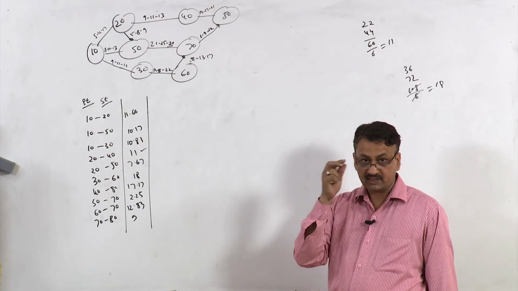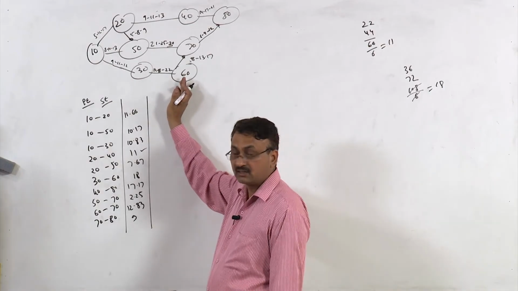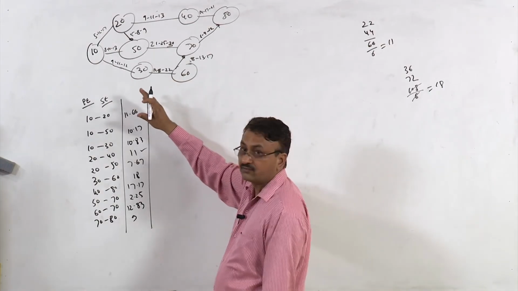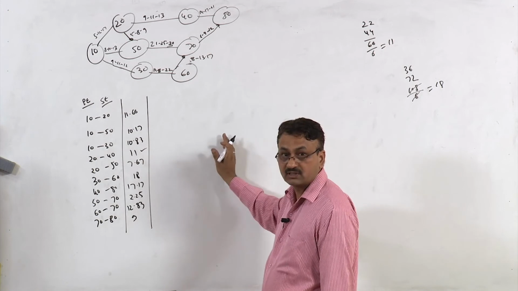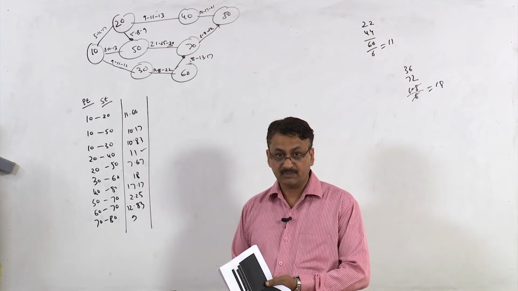Or you can do one more thing, you can go for TE and TL along all these nodes and find out which path is the critical path, right.